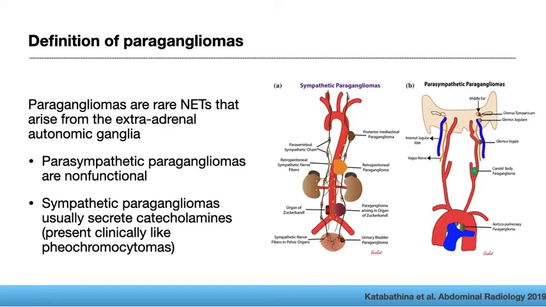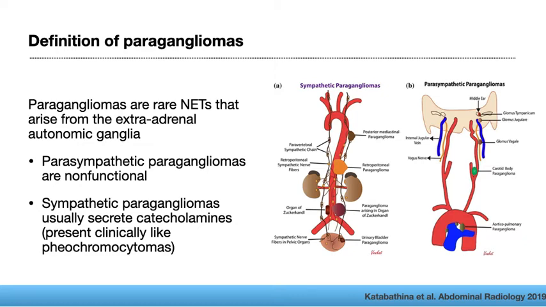On the other hand, paragangliomas are rare neuroendocrine tumors that arise from the extraadrenal autonomic paraganglia. They are subdivided into parasympathetic and sympathetic paragangliomas. Parasympathetic paragangliomas are usually non-functional, and they are located along the glossopharyngeal and vagal nerves in the neck and at the base of the skull.